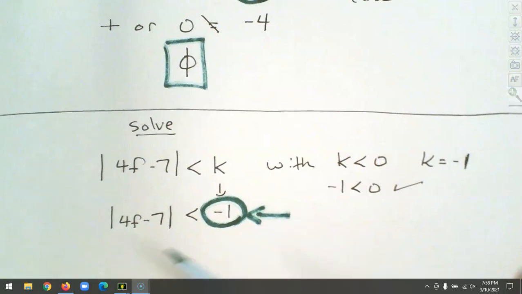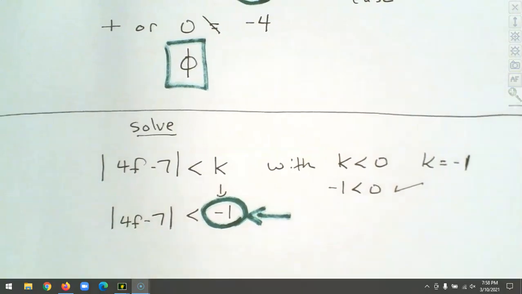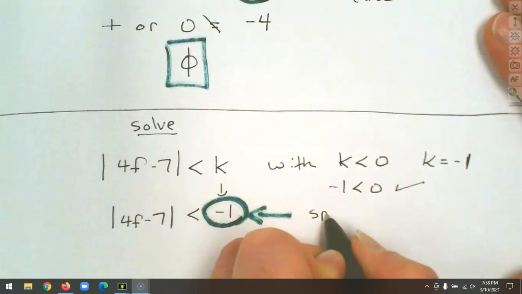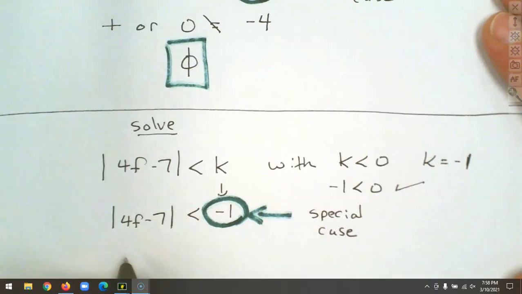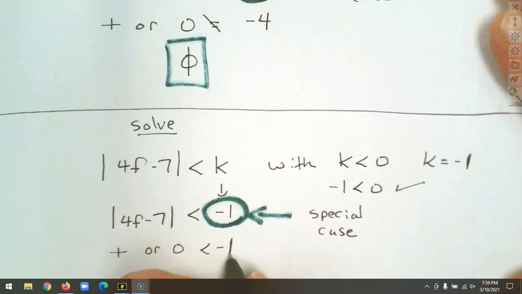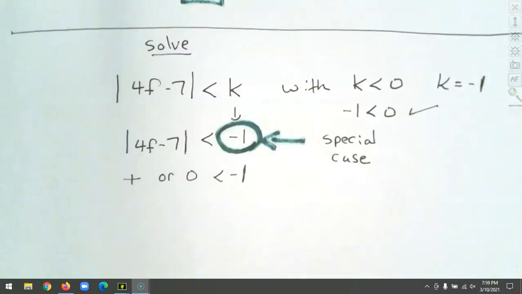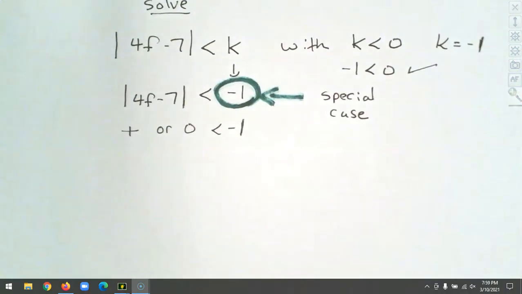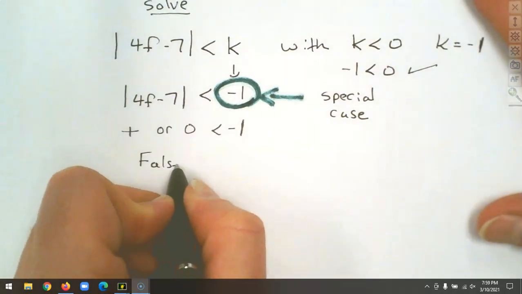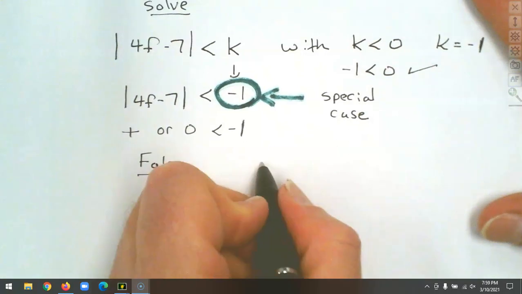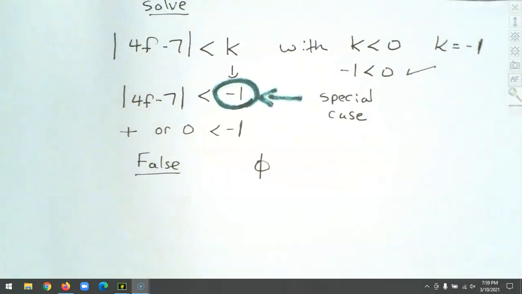The right-hand side is negative, so again, that makes it a special case. Absolute values are either going to be positive or 0. And our positive or 0 numbers, are those less than a negative 1? Is that true or false? Are positive numbers smaller than negative 1? No, they are not. So that would make this one again false. And so if it's false, we have no solution.